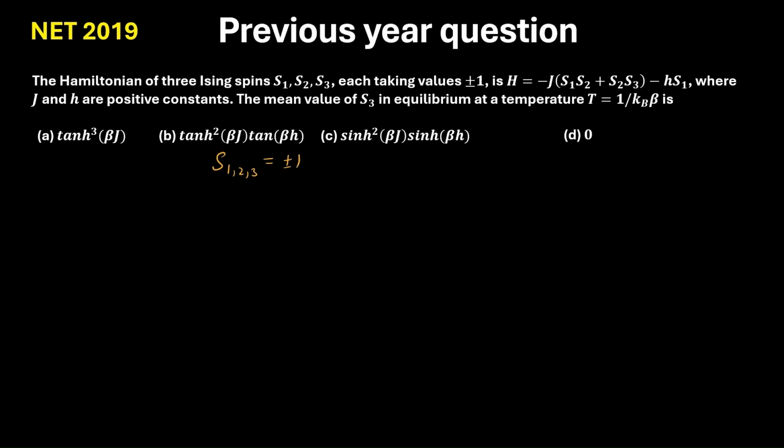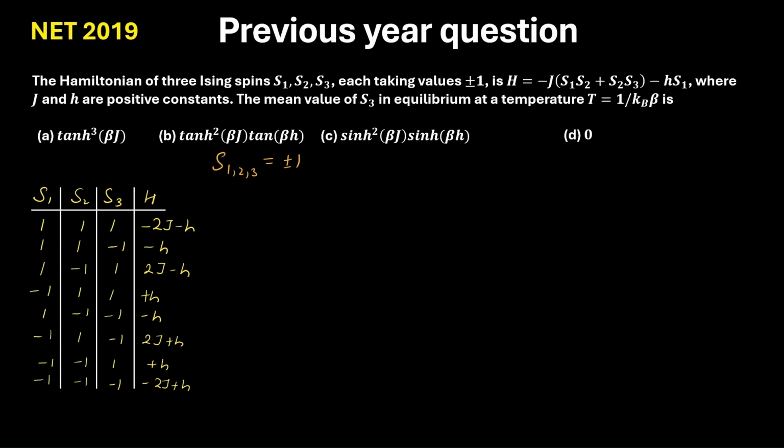So we have to find the different combinations of these 3 spins and calculate the corresponding energy. So here is the table. Here you can see that when S1, S2, S3 is equal to 1, 1, 1, we get the energy of minus 2J minus h. And similarly, if it is minus 1, 1, then we get plus h.